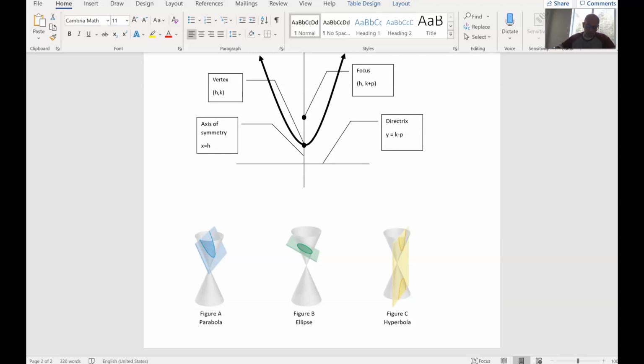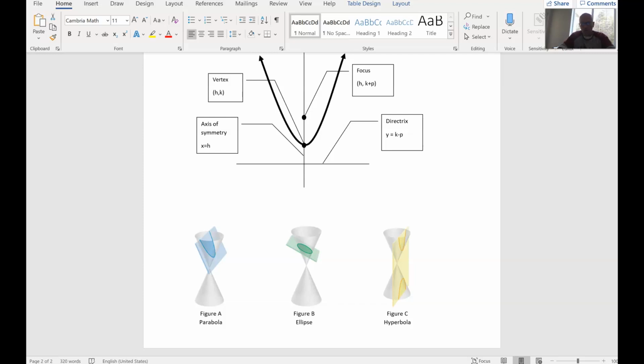You can see we start with these two cones that are stacked on top of each other with their points pointing towards each other. Depending on how you slice it, the cross section produces a different shape. In figure A, because we're slicing at an angle parallel to the side of the cone, it produces a parabola. In this case, I'm slicing at an angle, but it's not parallel to the sides of the cone.